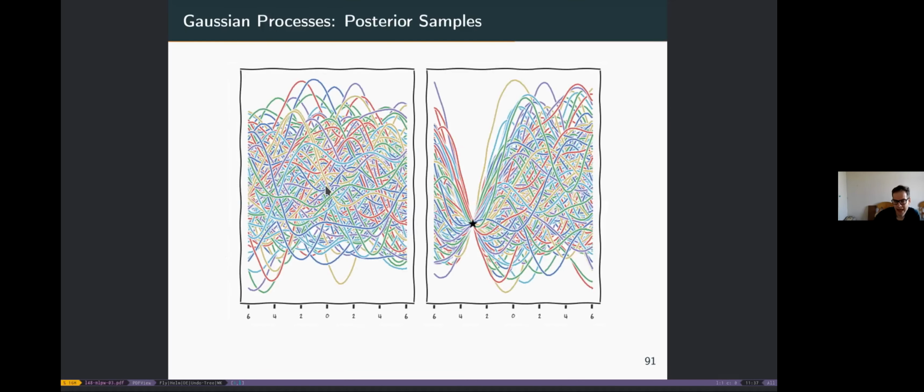This here is my samples from F star, P of F star. Cool, that's how they look. And now I want to create an if statement that checks which ones of these go through that point, and then I exclude all the ones that don't. That's going to be a very, very big if statement. It's going to be a for loop over infinitely many functions. So this you don't want to do.